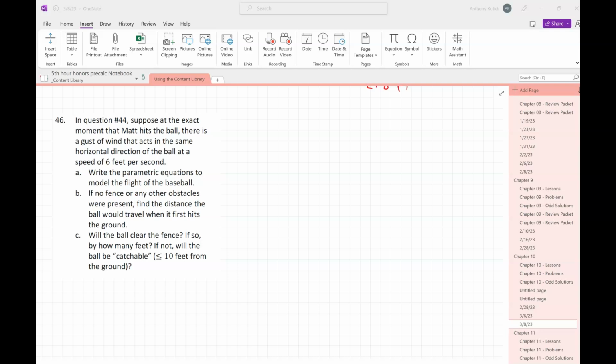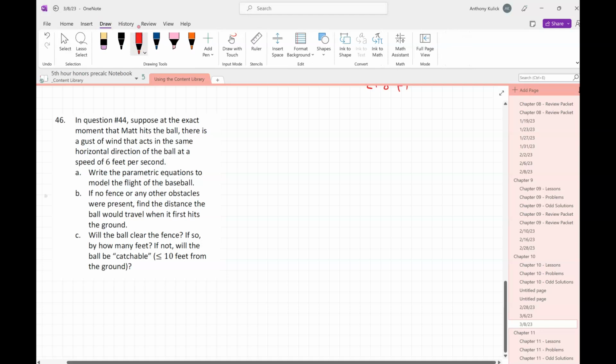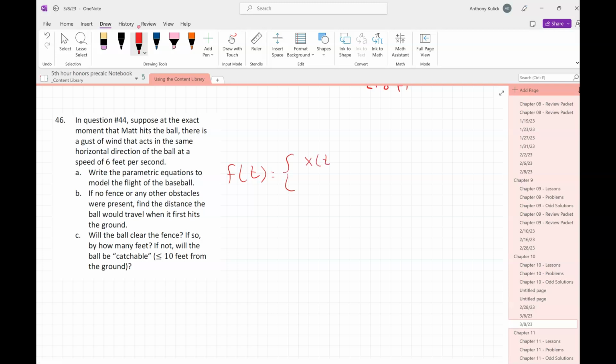Okay. And then we're going to do the same thing, right? Is a wind blowing horizontally going to affect the vertical component? No, right? So that vertical equation is going to be exactly the same as it was before.